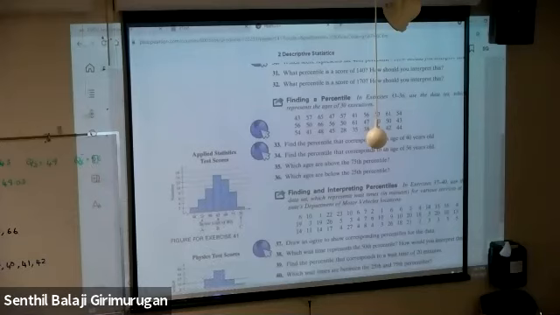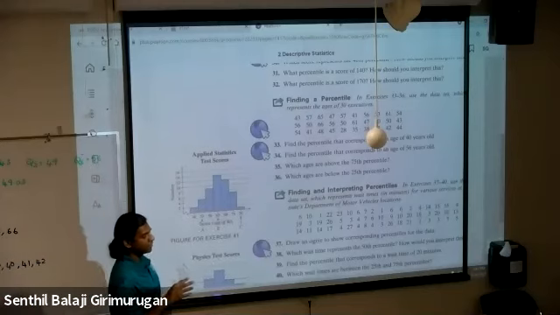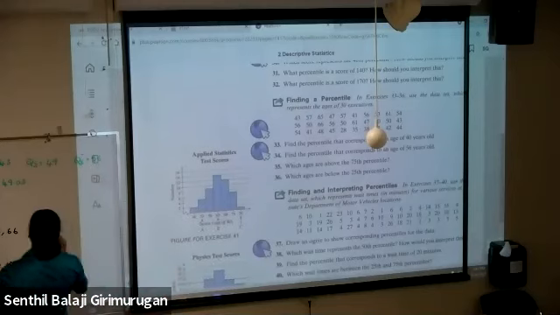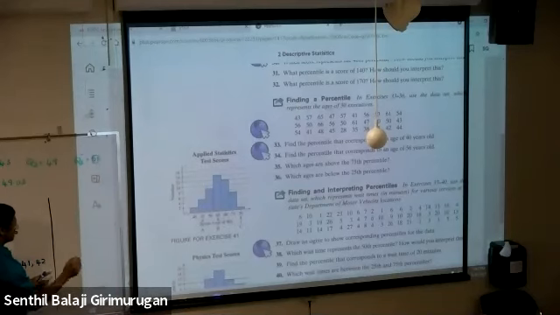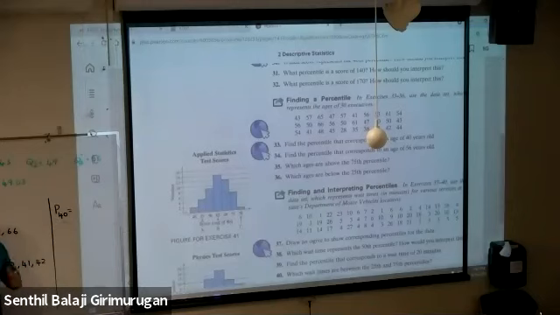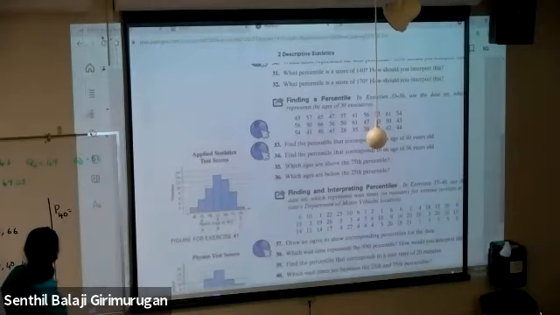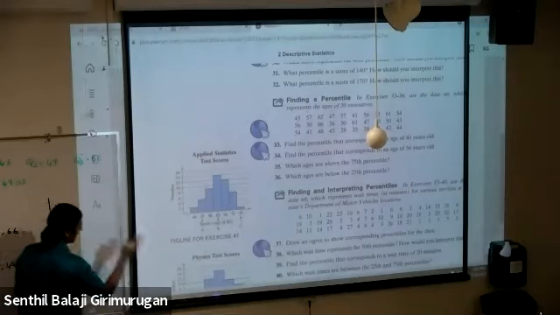We want to find the percentile that corresponds to an age of 40. In other words, we are finding P40. That's a percentile. It is also a decile. Do you agree? It is in tens. How do we find it?